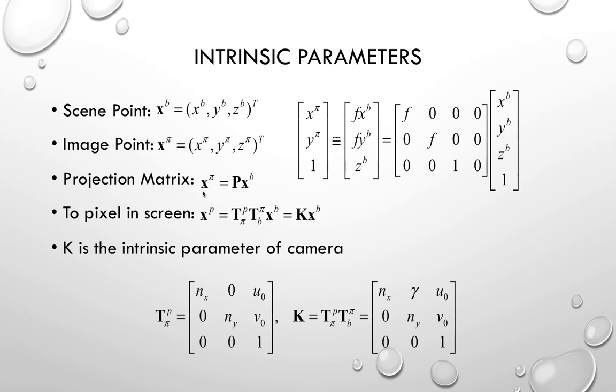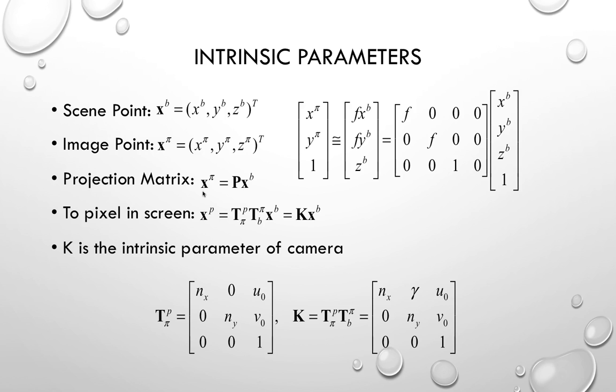The image point in the image plane, we name xpi. The projection matrix P maps the sense point to the image point. Then the point in the image plane needs to be converted to pixels on the screen, so we need another matrix.